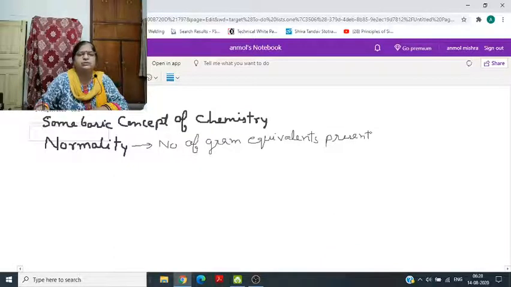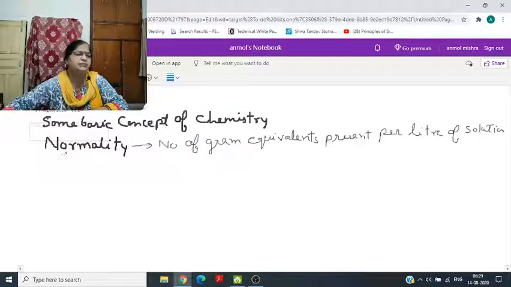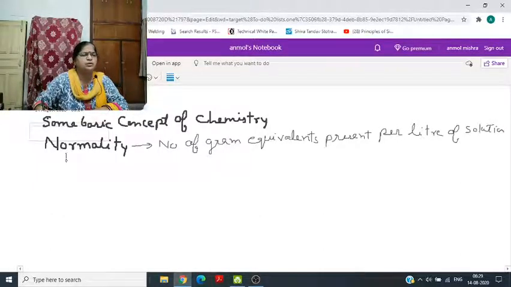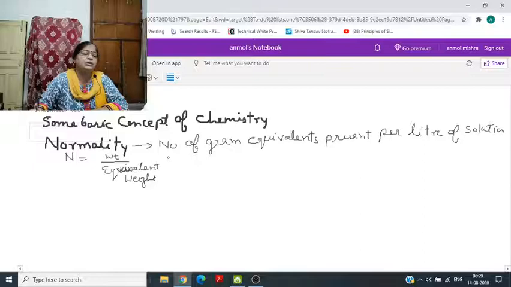It is represented by capital N. It is equal to weight upon equivalent weight, which is the gram equivalent, into 1000 by volume of solution in liters. So here it will be in ml.